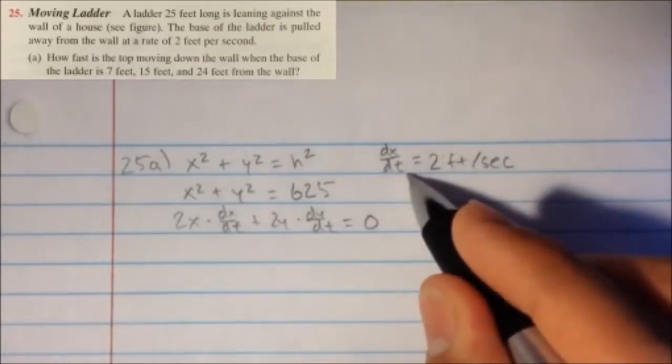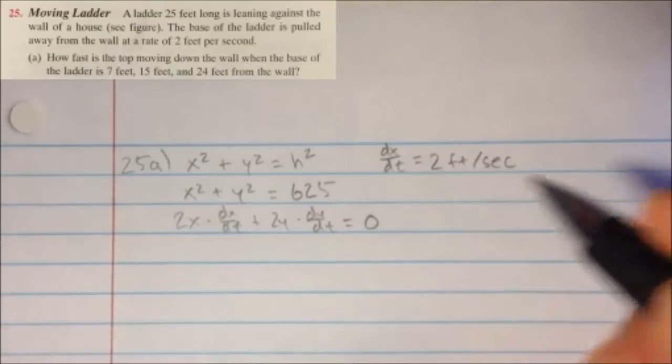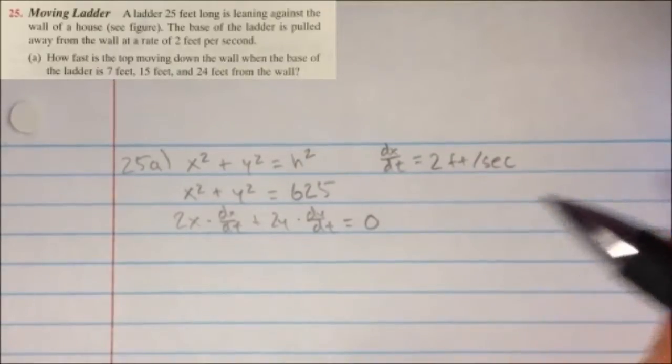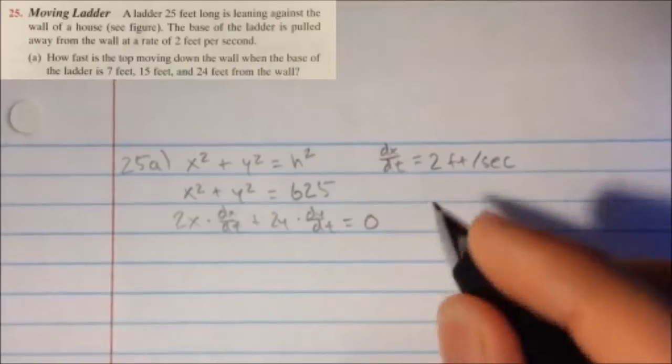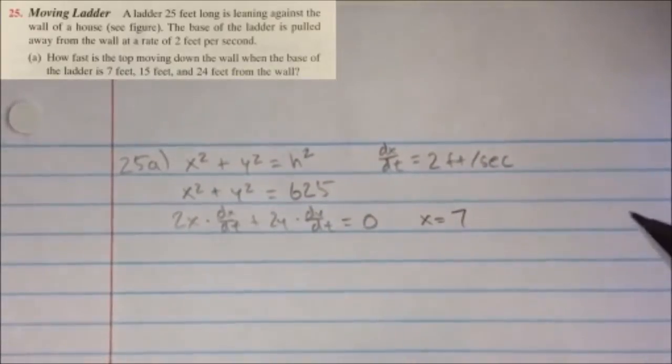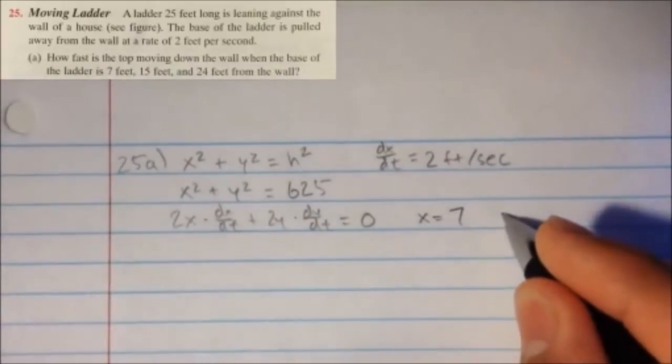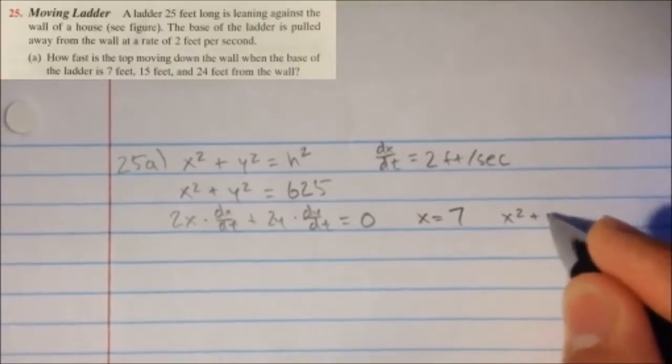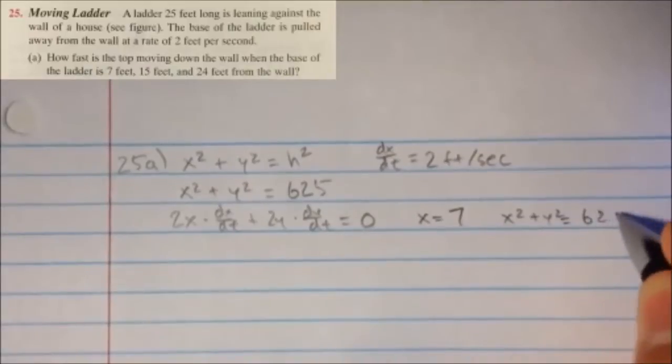Now, dx/dt is given to us, and they give us 3 different lengths, and the first length is 7 feet, x equals 7. And so we can solve for y. x squared plus y squared equals 625.